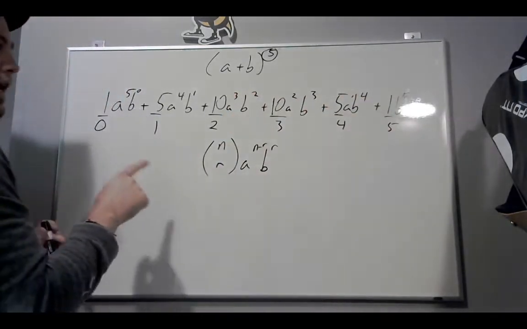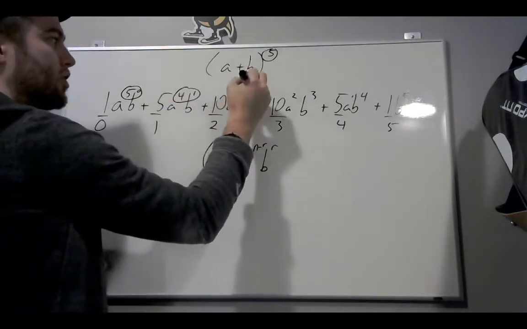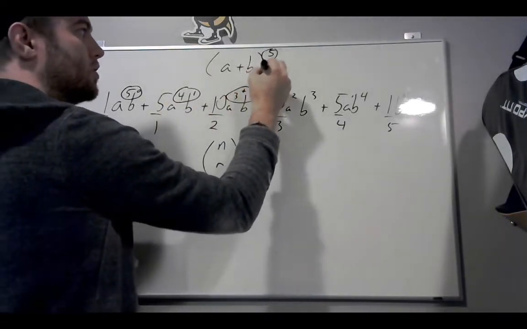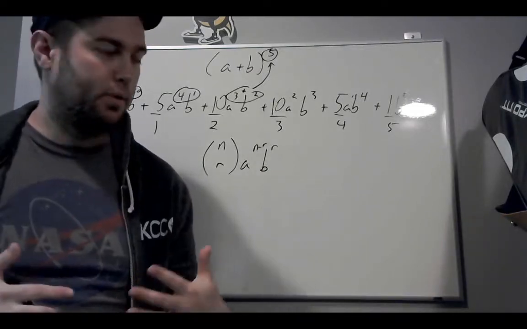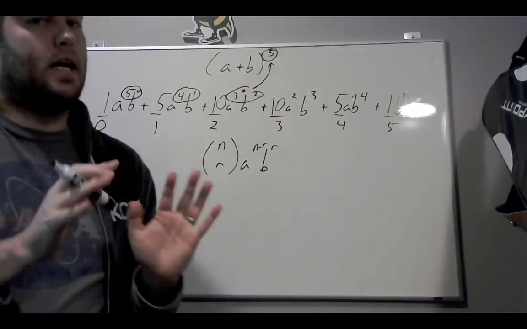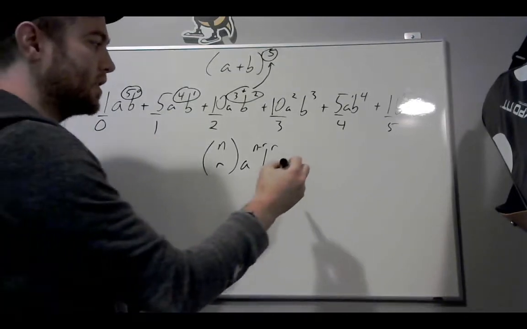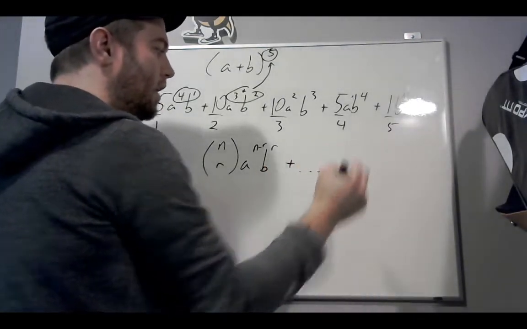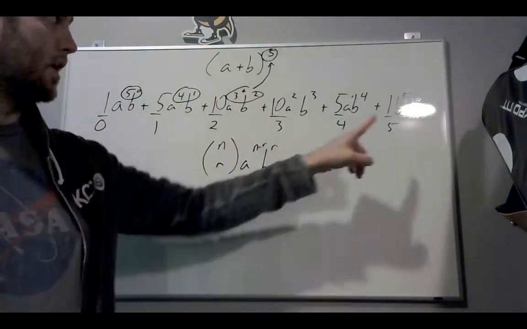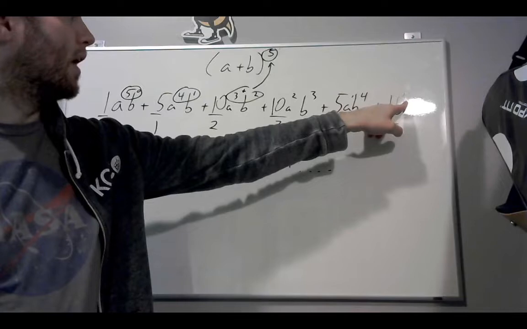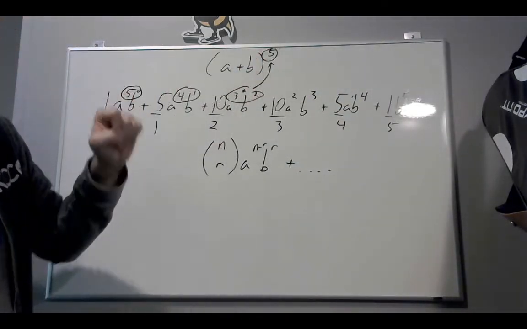Another nice thing about this pattern is that these exponents should add up to the exponent that you were raising it to in the first place. So that's another way to check yourself as you're doing this. This just continues on and on until you've reached where r equals n. Then it would stop, because here my b exponent was now r, which was that 5.